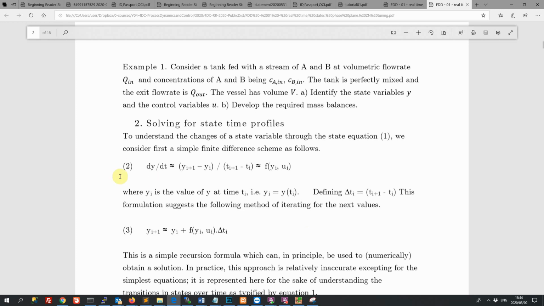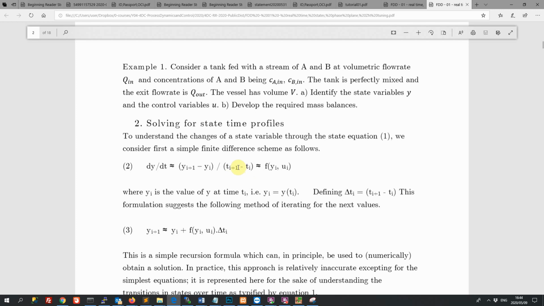So we can see we are going to get this form dy dt, and then we can discretize this time-wise. Let's consider 2 different instants in time, at time ti plus 1 and at time ti.